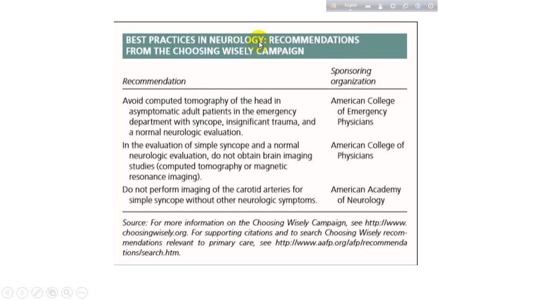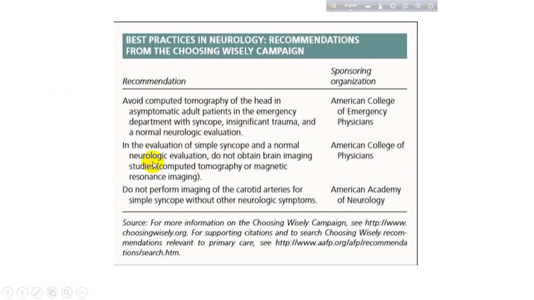Best practice for neurology recommendations from the Choosing Wisely campaign. American College of Emergency Physicians suggests avoiding CT of the head in an asymptomatic adult patient in the emergency department with syncope, insignificant trauma, and normal neurologic evaluation.